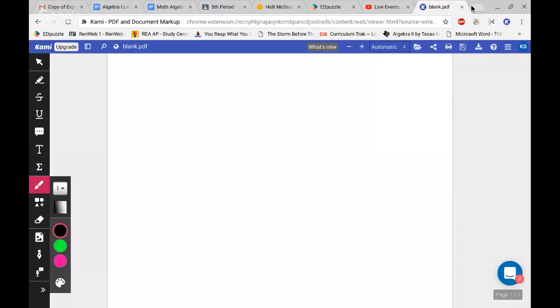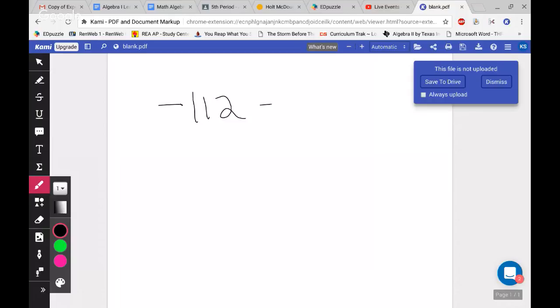So the first one I'm going to do is this one. In this, we have multiplication going on. So the opposite or the inverse operation for multiplication is division. To isolate n, we would divide both sides by 7.